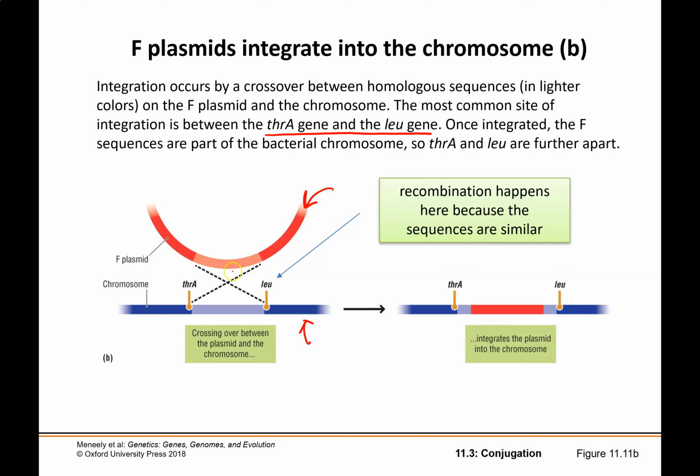Because there is sequence similarity, these regions are going to join. Because they are homologous, they're going to line up together, and a double crossover is going to occur. When that double crossover occurs, you get integration. This isn't really drawn to scale. You get integration between those two amino acid genes, and now you have the plasmid with the fertility factor encoded in the genome.